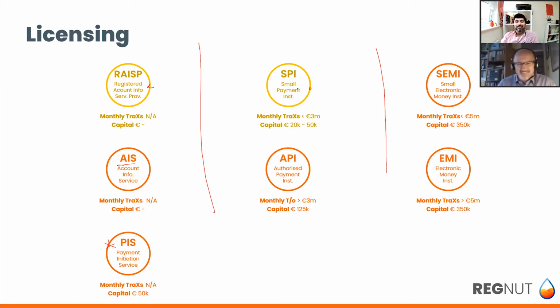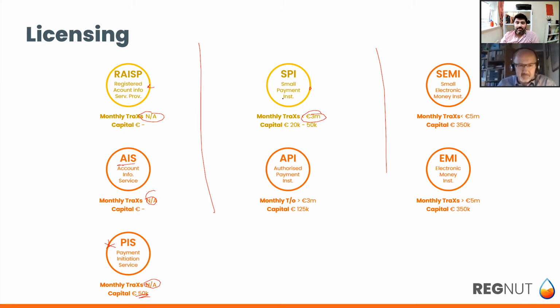Then you've got the small payment institutions. So if you've got less than 3 million, also just worth noting that there are no monthly transaction limits here, and there are no capital requirements, with the exception of a 50K capital requirement if you are actually going into people's accounts and moving money around on their behalf.